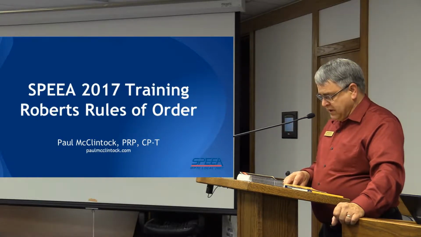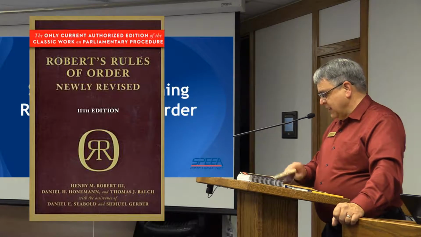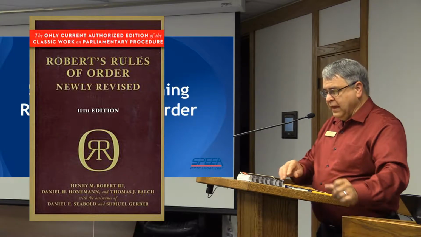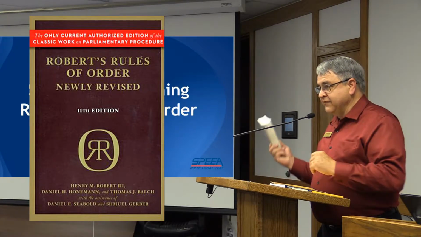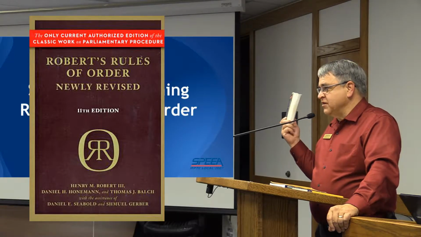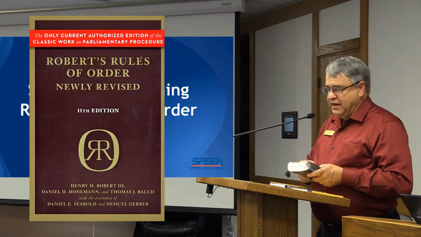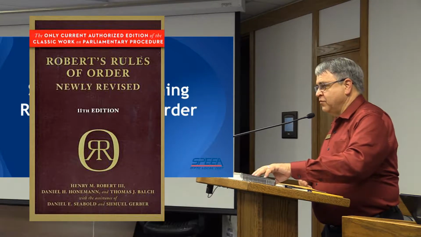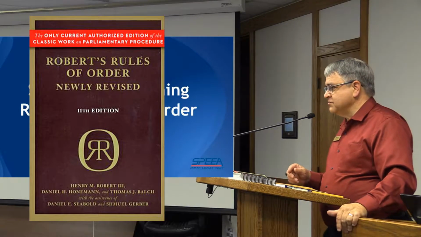It has evolved over time. It got a little bit bigger, not much, by the third edition. And it is now in its 11th edition, and the 12th edition is being worked on as we speak. Starting around the seventh edition, they seem to be coming out with a new edition every 10 years, roughly.